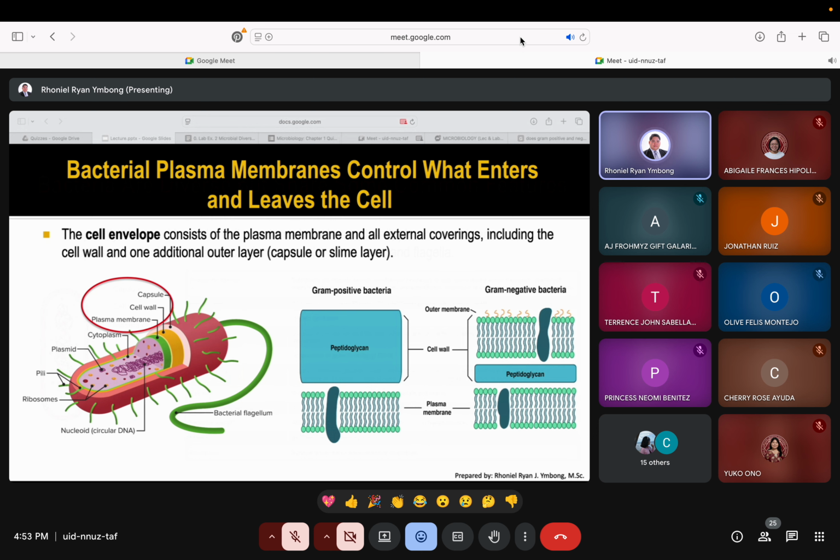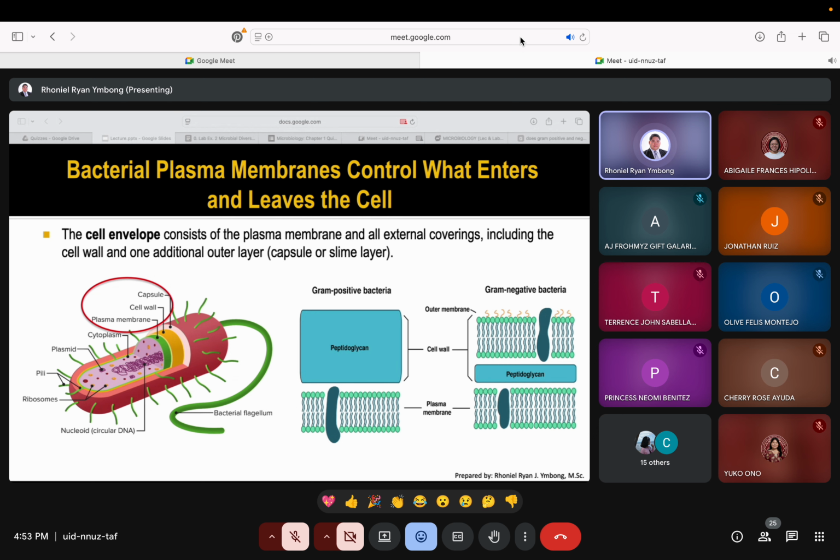Here you can actually see that you have two different types of cell wall. If you try to look at our figure, in your gram-positive bacteria, you have only one layer of plasma membrane.